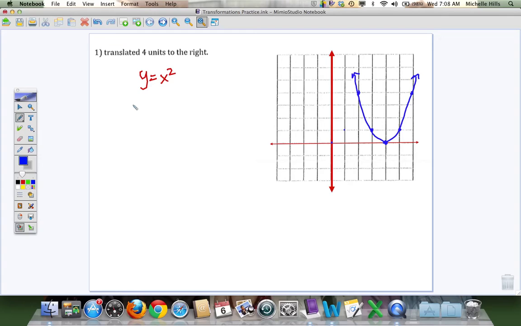So I have to take the x that is here, which is 4, and subtract 4 from it to get back to 0 before I square it to still get a y of 0. For an x value of 5, I have to subtract 4 from it to get back to 1, and then square it to get up to 1. So when I shift to the right, I have to write x minus 4 squared.